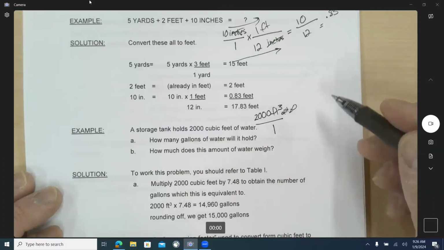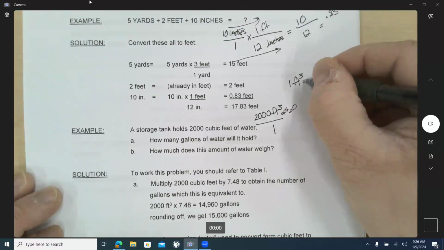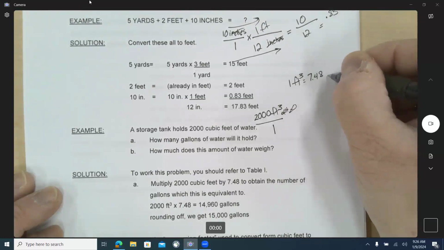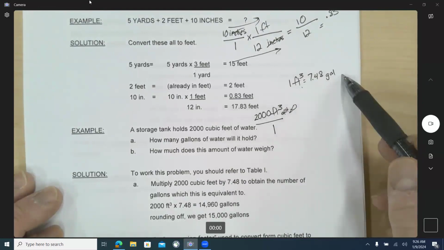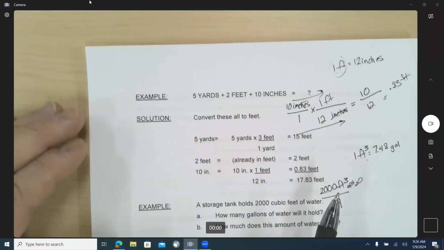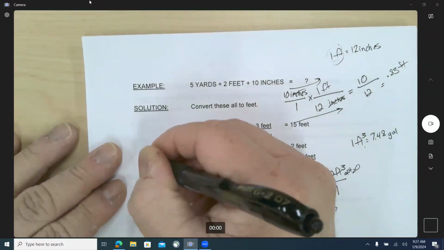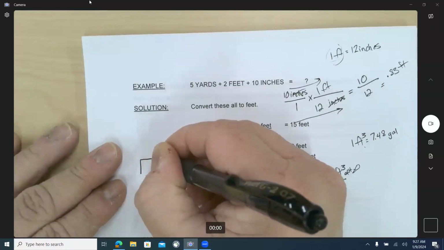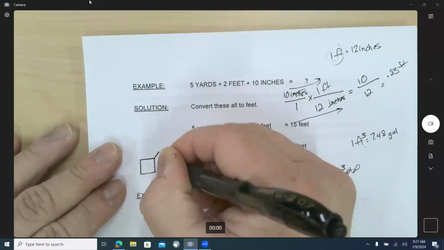Well, we haven't talked about it yet, but 1 cubic foot of water equals 7.48 gallons. You see how there's no units of water here? It just says 1 cubic foot equals 7.48 gallons. One thing that I want to point out real quick over here. What a cube or cubic is, we can all envision what a cube looks like, right?